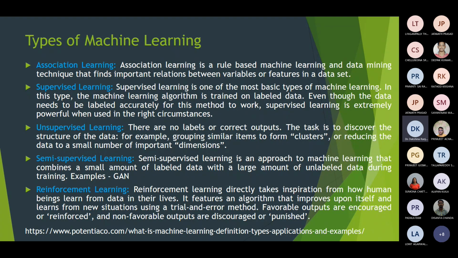The next machine learning approach is semi-supervised learning. In semi-supervised learning, we combine a small amount of labeled data with a large amount of unlabeled data during training. In labeled data we have both input and output parameters.